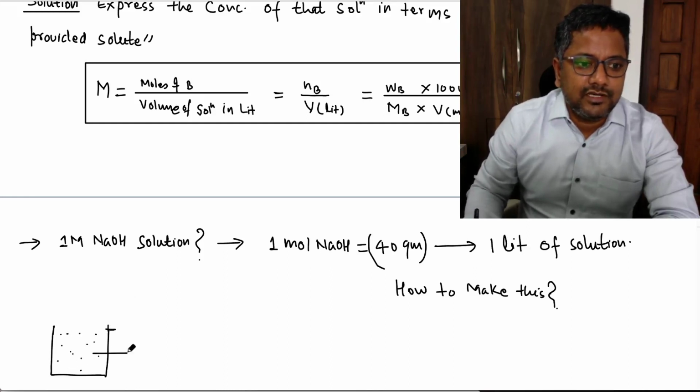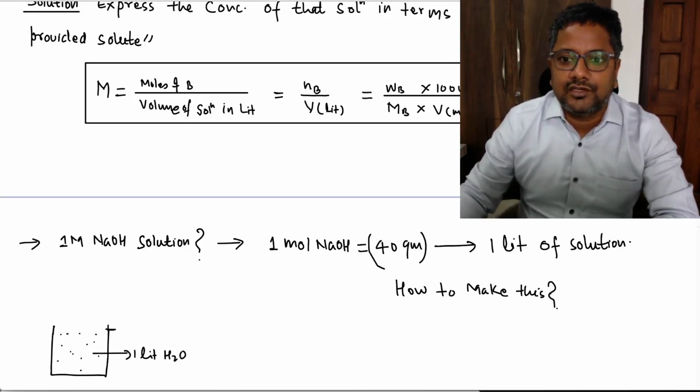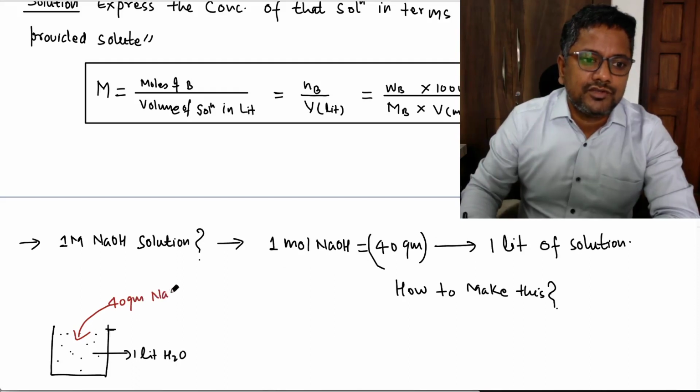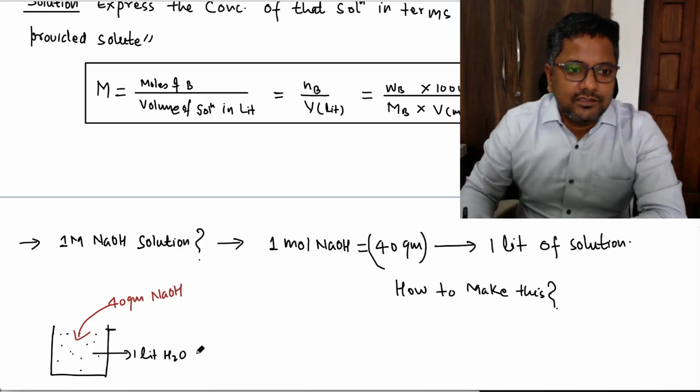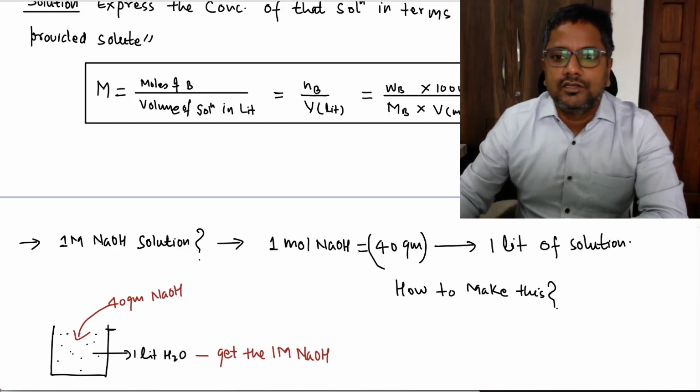Take this 1 liter water and put 40 gram of NaOH here, and dissolve this 40 gram NaOH properly and get the 1 molar NaOH solution. 1 molar NaOH, right?